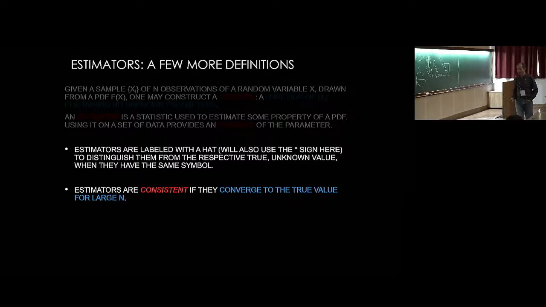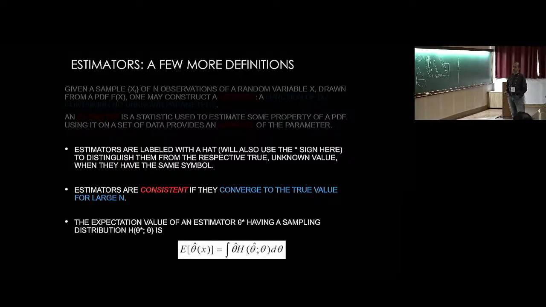We almost never are in that situation, but we would like our estimators to be consistent to begin with. But sometimes we will choose estimators that are not consistent for some reasons. I don't think we will get there, but okay. And then you can have the expectation value of an estimator, where you take the estimate and multiply by its sampling distribution.